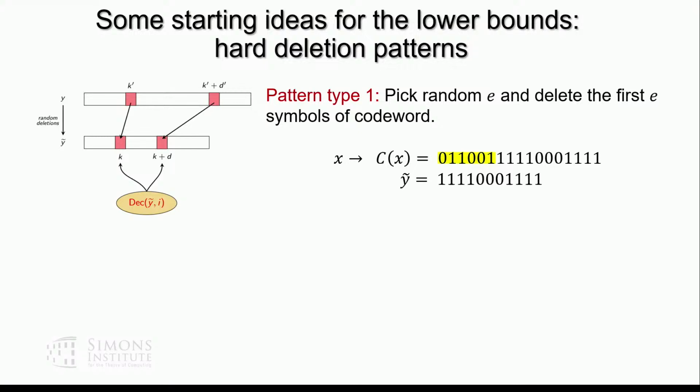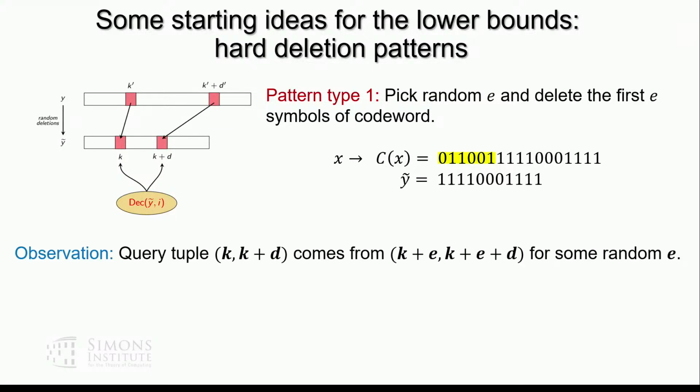And I'm only going to talk about this error pattern, which is a very basic pattern. You pick a random number E and chop off that many positions from the received word at the beginning. So you receive this, and then you just delete E many entries from the beginning, and this is what you receive.